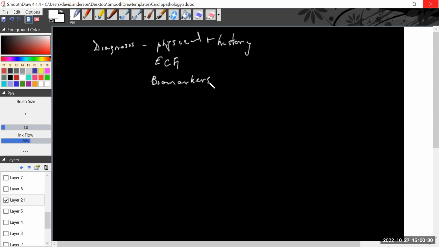The history might include whether there's a family history of cardiac issues, whether there is previous history in the individual of cardiac issues. Those sorts of factors come into play. So the ECG might show that elevated ST that we've been talking about, but the biomarkers are what we really want to look at and be aware of.